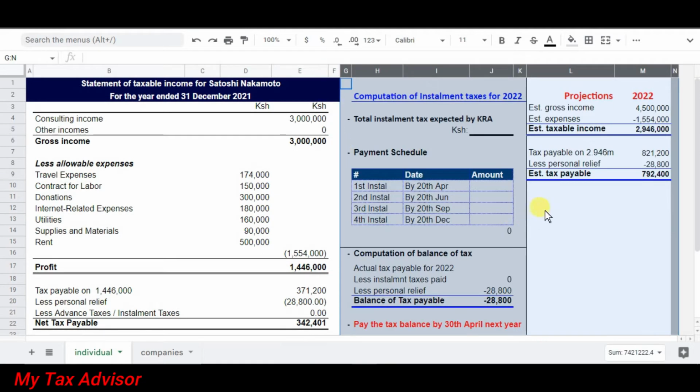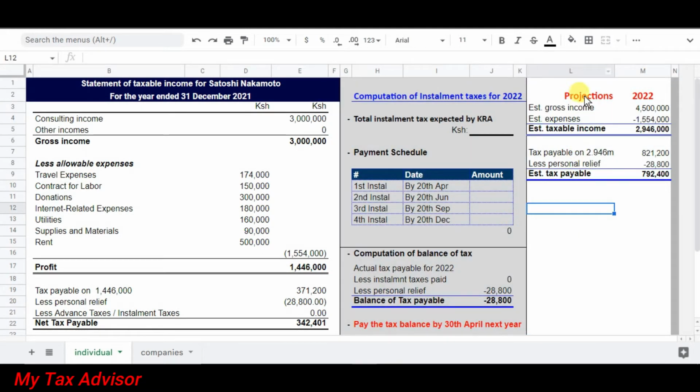Consider also this scenario here. Let's assume this taxpayer has done projection for the year 2022. Remember, this is 2021. This is what they made in 2021. This is the tax bill that they actually paid. So in 2021, beginning of the year, they have done their estimations. They're estimating that they are going to make an income of 4.5 million.